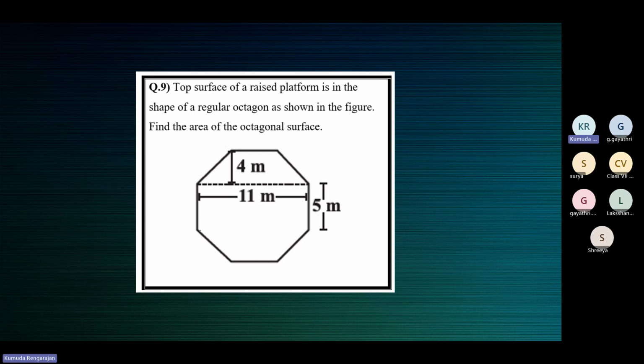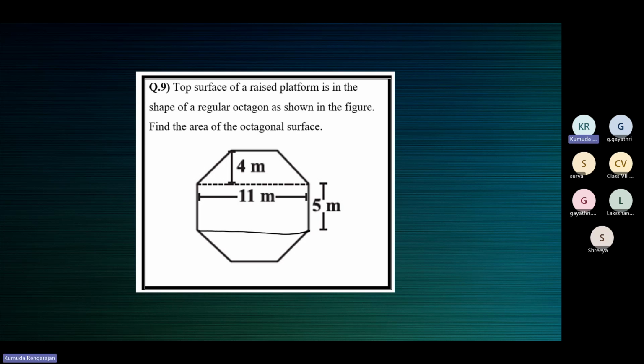You must divide the whole figure into triangles and quadrilaterals, because we know the formula to find the area of an isosceles triangle, an equilateral triangle, a right triangle, and also of quadrilaterals, rhombus, parallelograms.